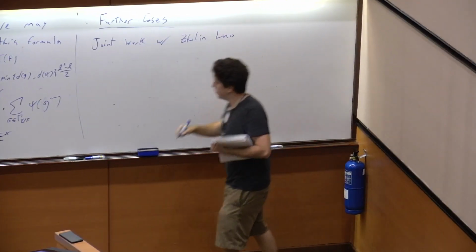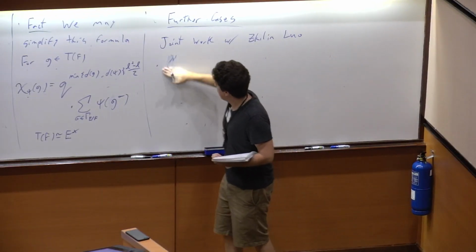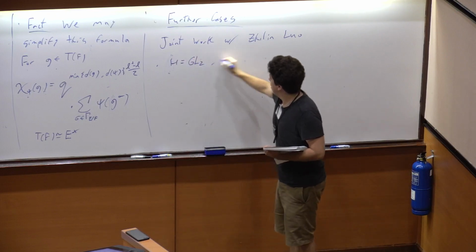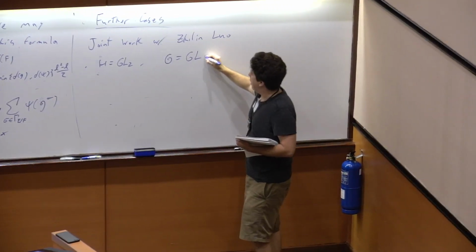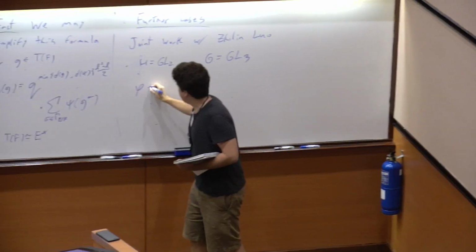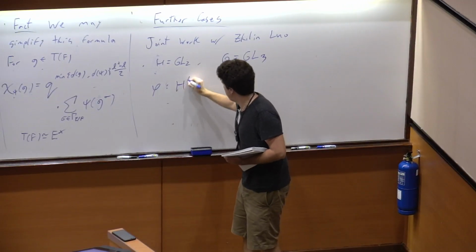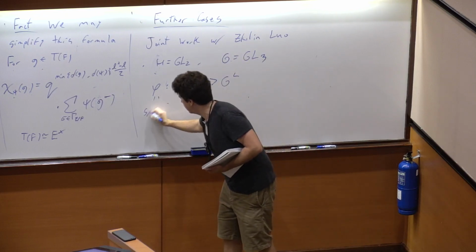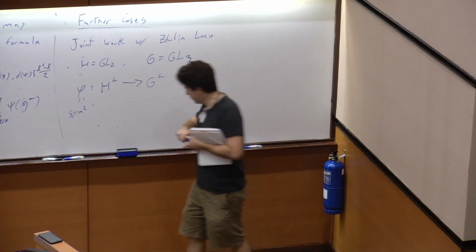Gill and Woe. We're considering instead now the case of H is equal to GL2, G is equal to GL n, but let's say 3 for now, and where this map between the L groups is just the symmetric square power map between these L groups.